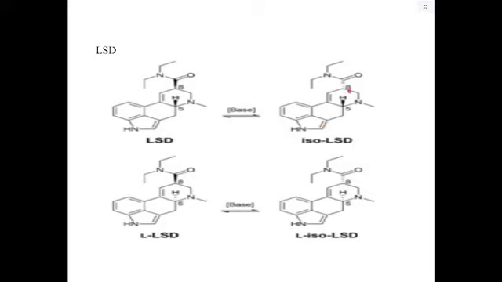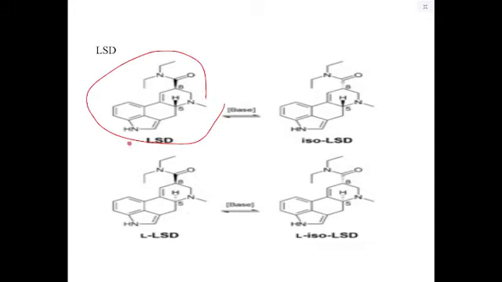In this one, it is this position that has changed, so it carries the alpha orientation. So both of them now are alpha orientations. In this one, only one. So in the L, only one changes, and it's at position number 5. And we are therefore saying it's the dextro, which I believe is this one.